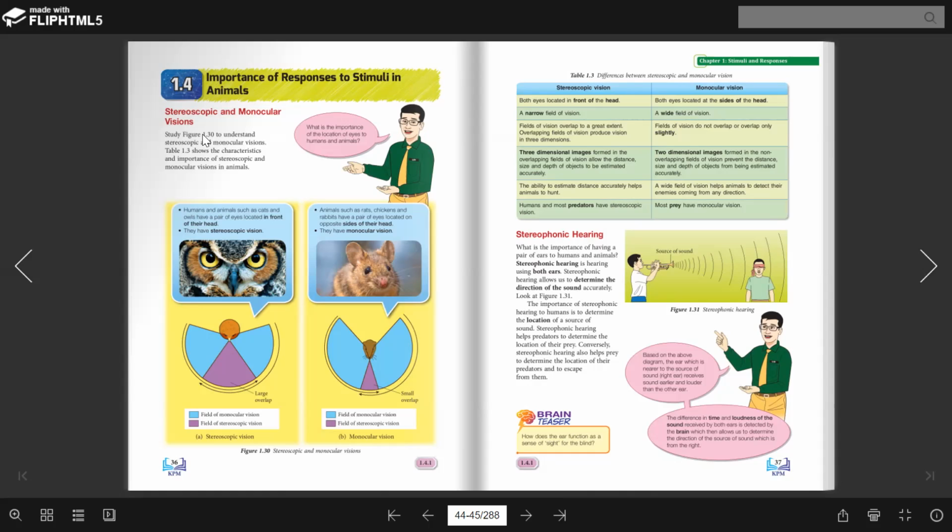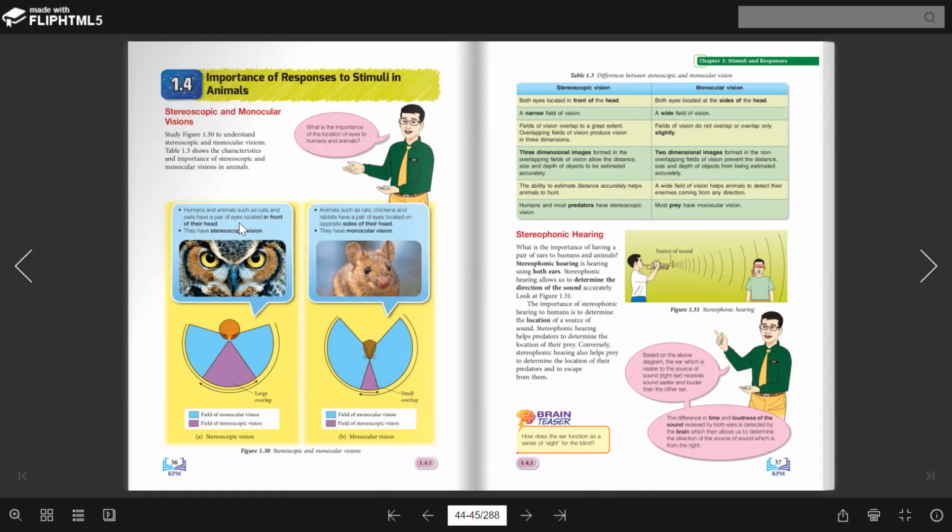Here is an example of stereoscopic vision. Humans and animals such as cat and owl have a pair of eyes located in front of their head.